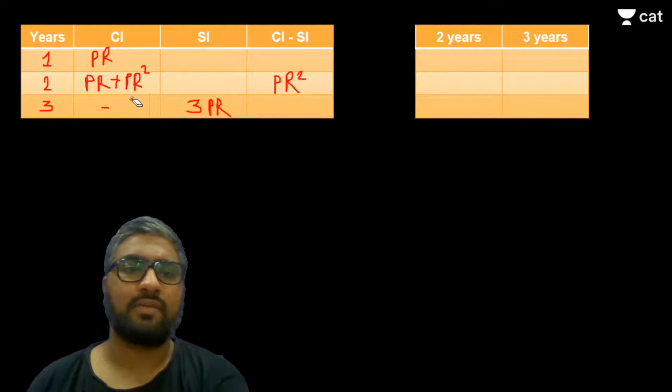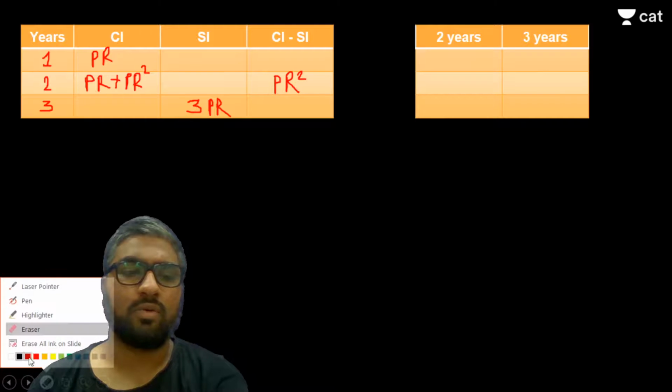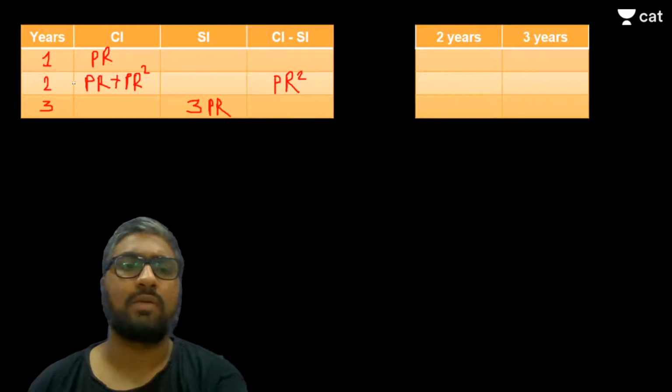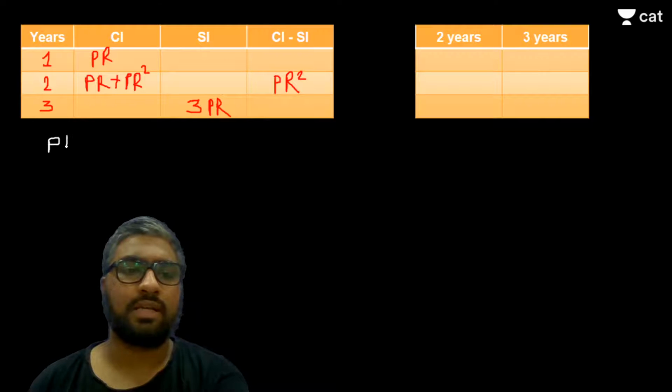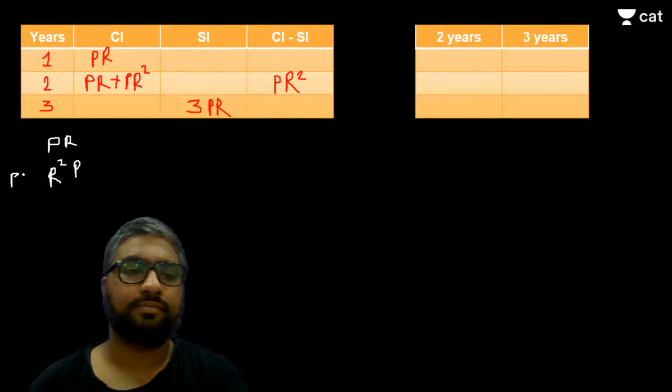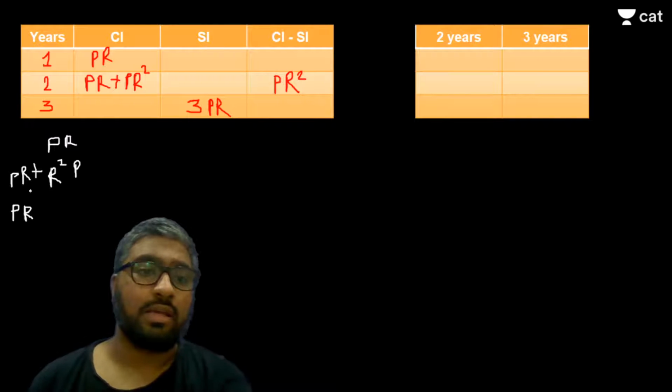I think it's better if we write it down also. If you want to write down everything and then confirm on it: first year, P times R; second year, PR plus R square P. Third year, what would happen?